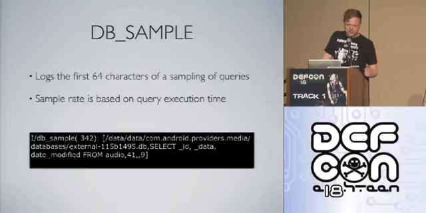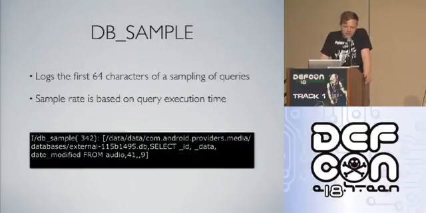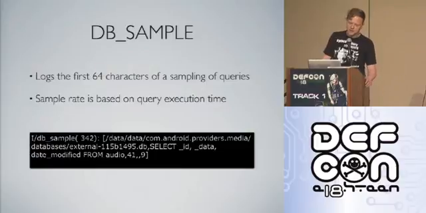One of the first things that we tripped over with SQL keywords is that in 2.2 there's a new series of log data that actually appeared in the event log. And the event log, for the most part, at least in 2.1, doesn't seem to contain anything that makes a lot of sense when you're just looking it over. But this data is a little bit more interesting. There's apparently a hook in the SQLite driver that logs the first 64 characters of a sampling of queries that are run through that driver.